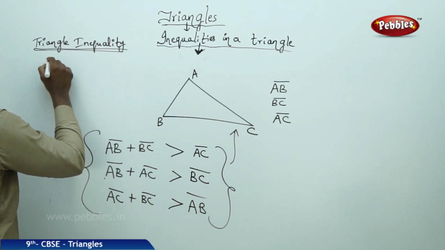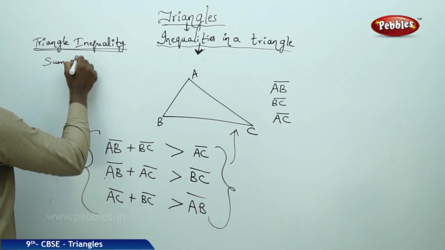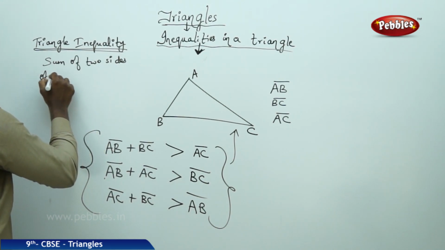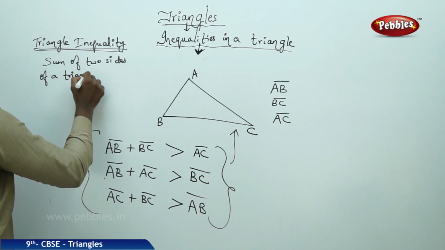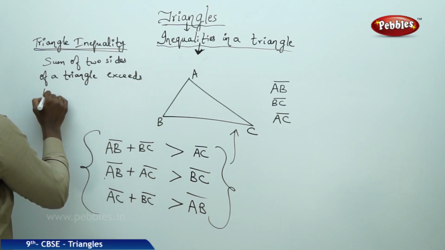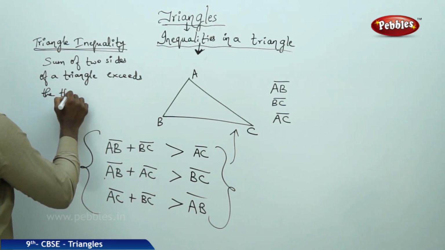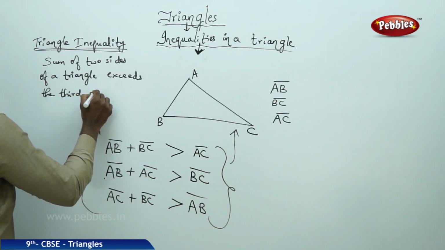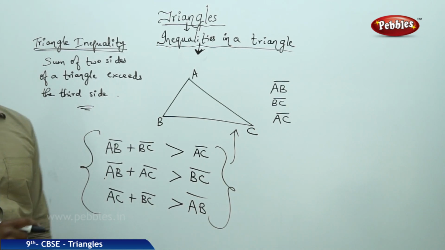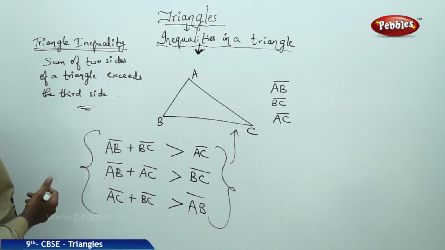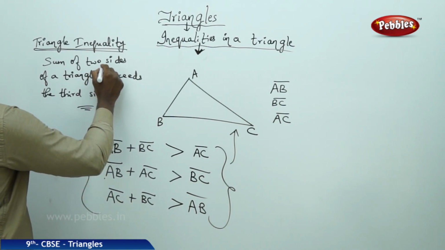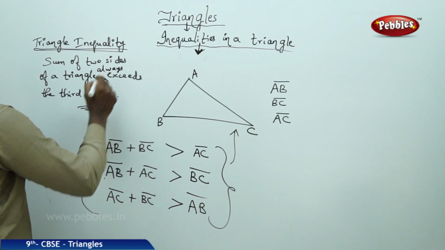Triangle inequality states that the sum of two sides of a triangle exceeds the third side, or is always greater than the third side. Therefore, the sum of two sides of a triangle always exceeds the third side.